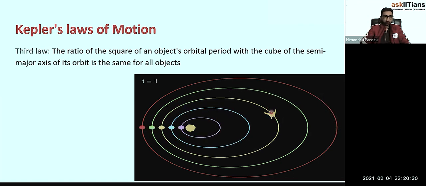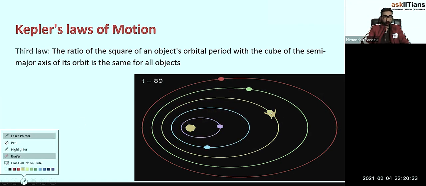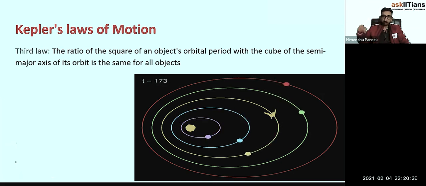So basically, it will take a certain amount of time to cover this particular orbit, right? So that time, let's say, is capital T. What do we call that time? Time taken by a body to complete one revolution, one oscillation, is called the time period T. So this yellow planet goes like this and this way, and finally comes back to the same location.